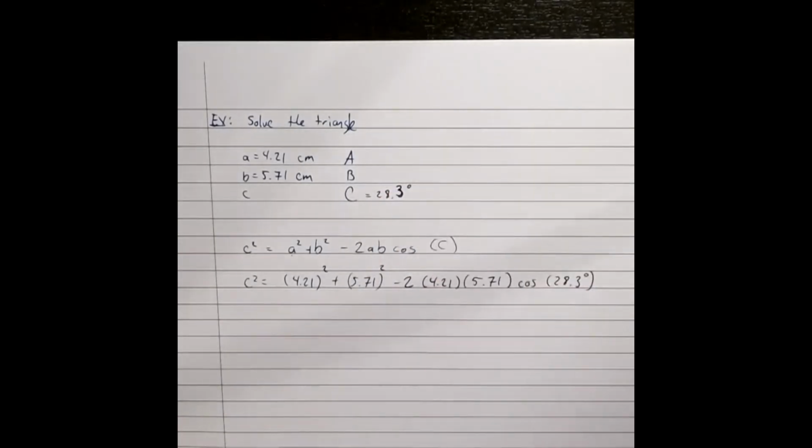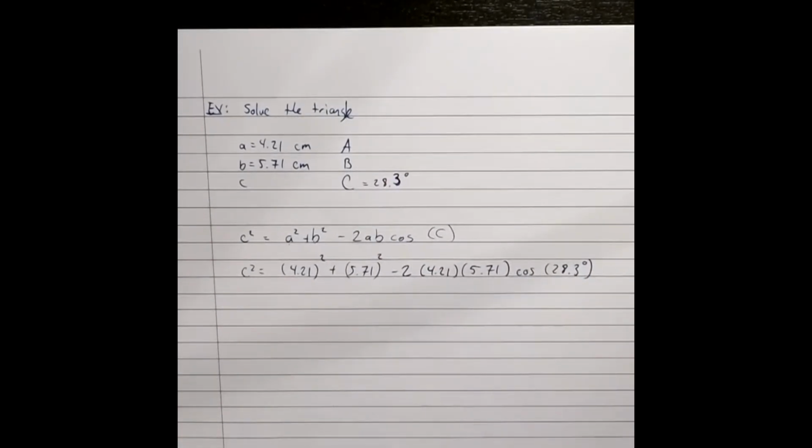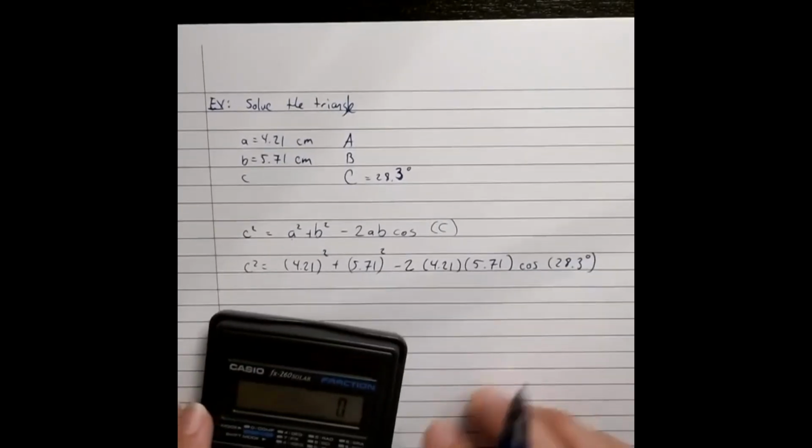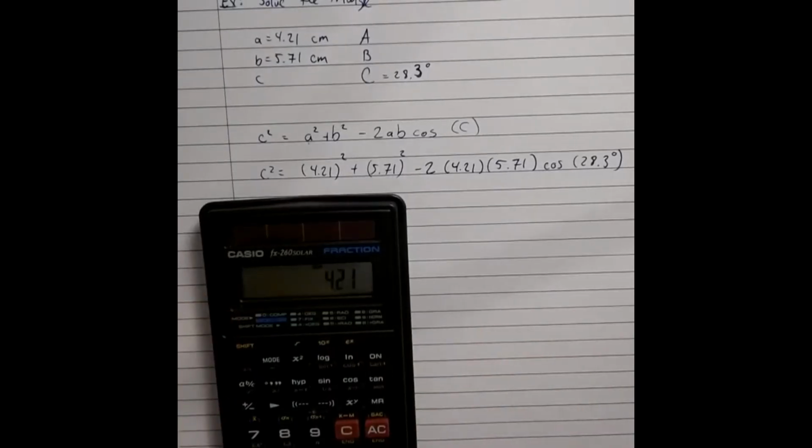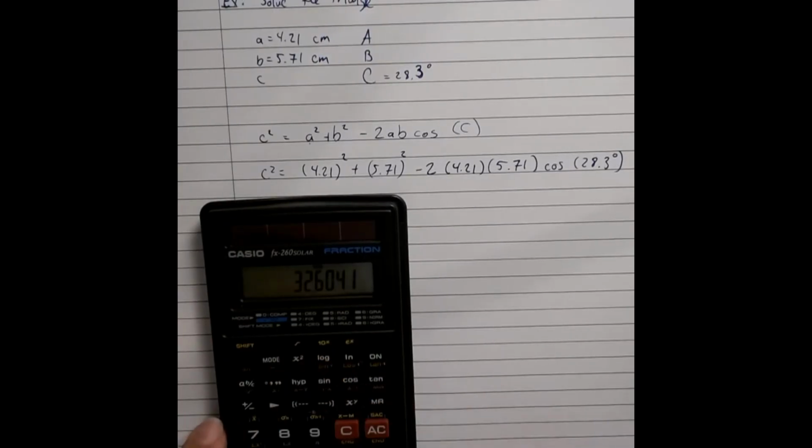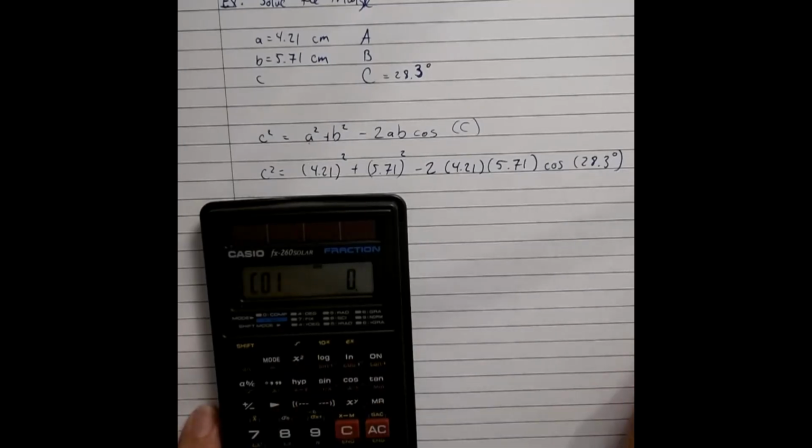Okay, so now we can go ahead and compute that. Let's see what we get. We're going to get 4.21 squared plus 5.71 squared minus all of these multiplied together.